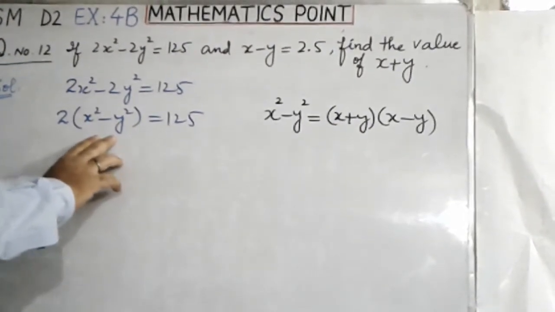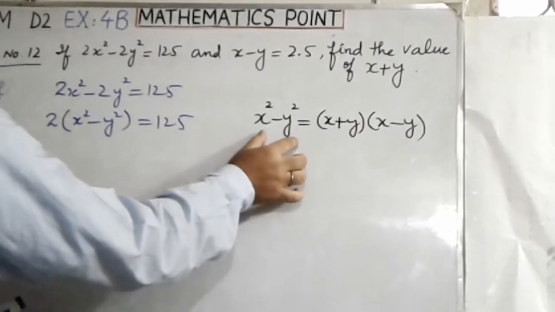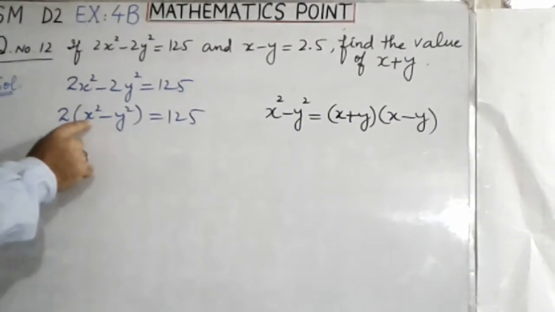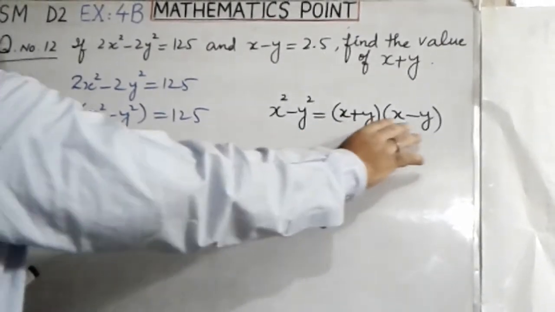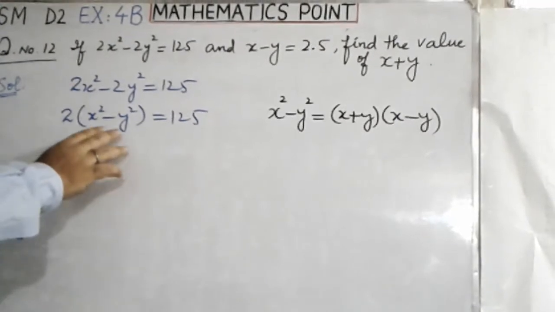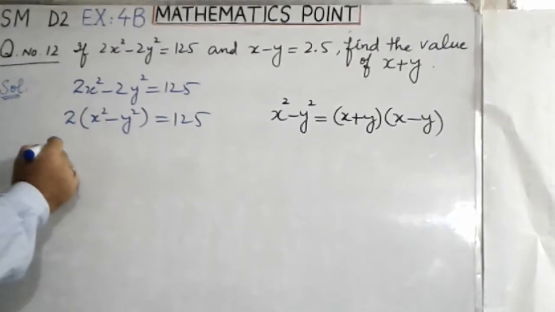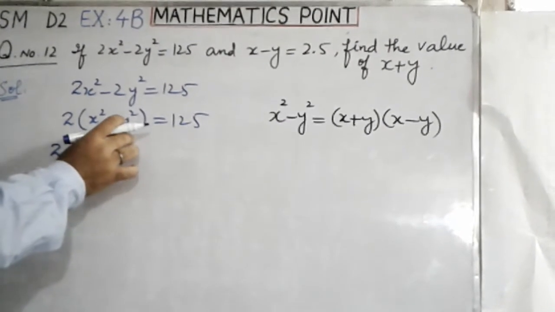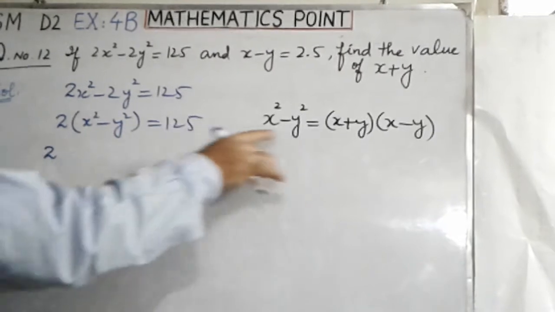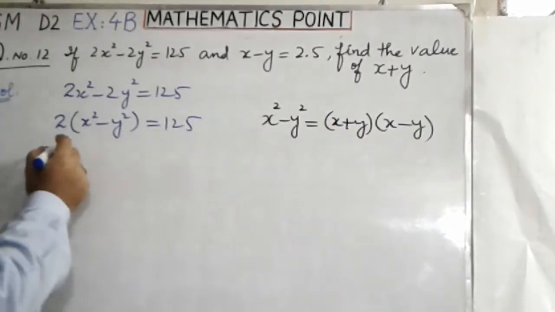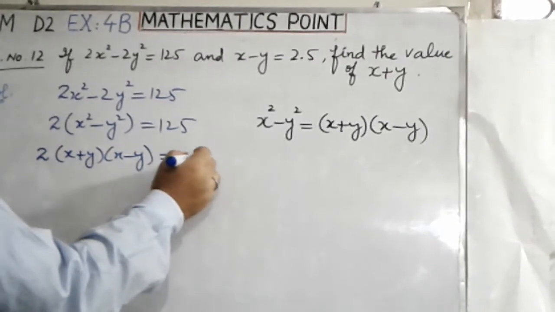We will write x plus y into x minus y in place of x square minus y square. So in the next step, we write 2 as it is, and apply this identity: x square minus y square is equal to x plus y into x minus y. So write here 2 into x plus y into x minus y, that is equal to 125.